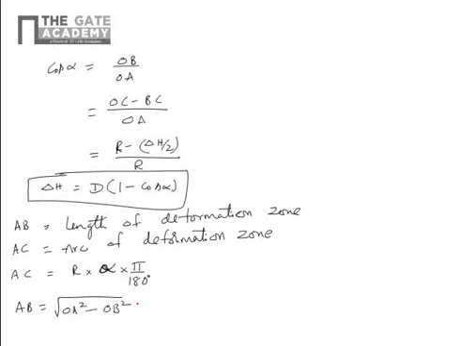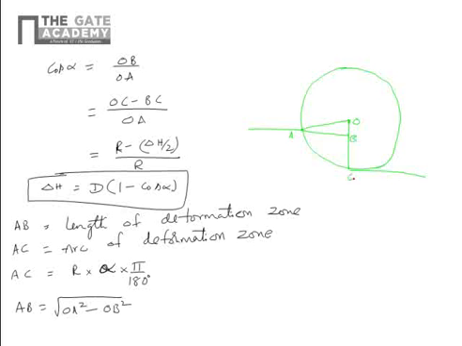If you want, I will draw the diagram again to understand it properly. This is a roller and strip. I am not drawing the entire diagram, just have a look at how it is simplified. O, A, B, C. So this one is alpha.